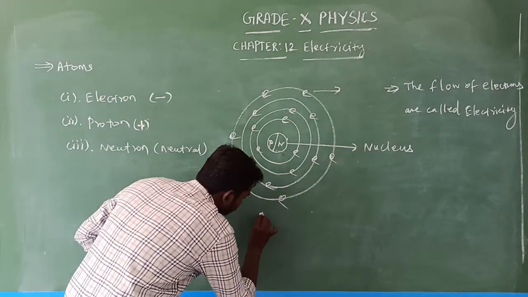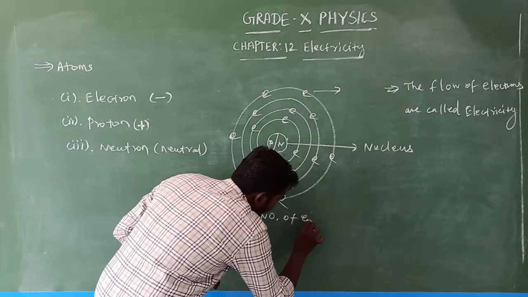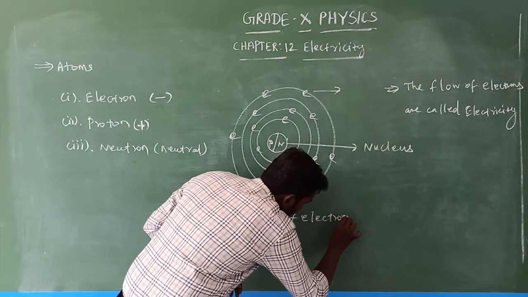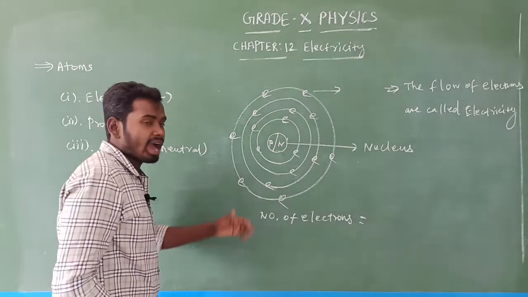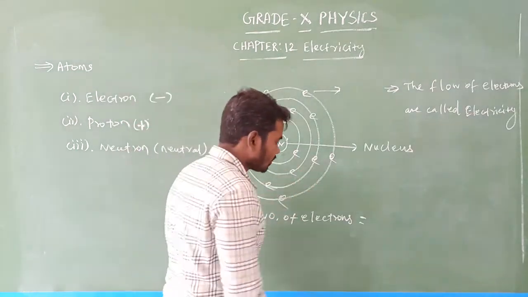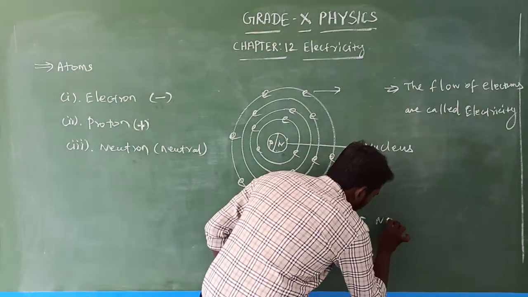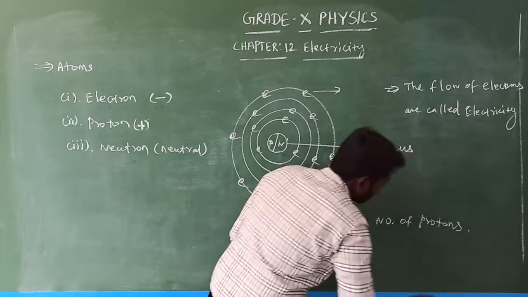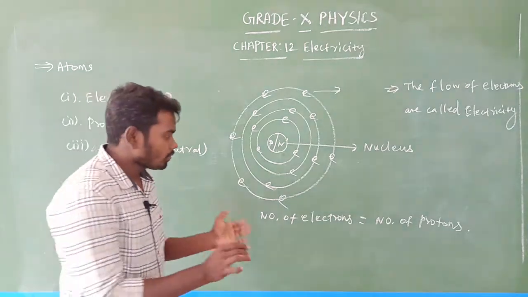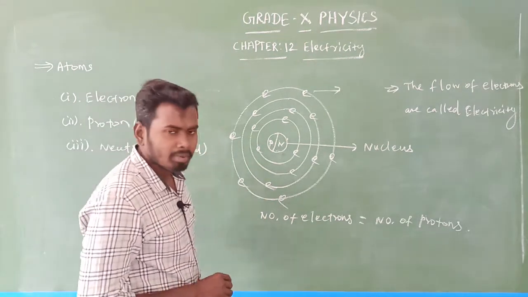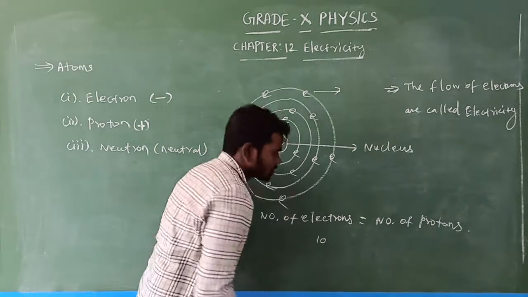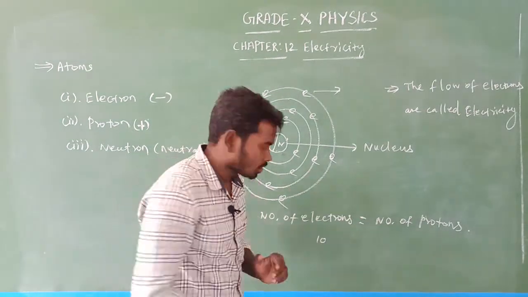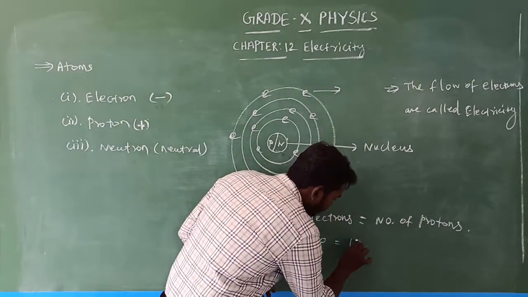So the number of electrons inside the atom is equal to the number of protons. Suppose an atom contains 10 electrons, so what will be the quantity of protons? The quantity of protons will be 10.